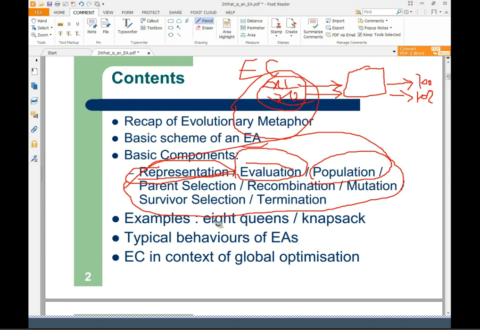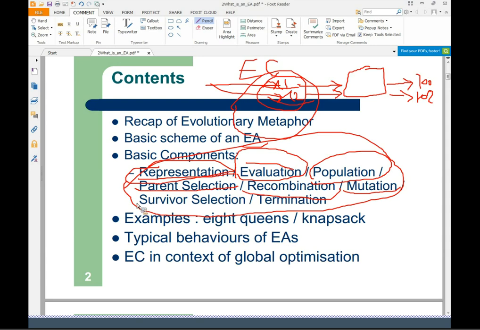This is done by parent selection. Parent selection selects two individuals, then recombines or crossovers. You know crossover, and you produce children by crossover. Then mutate the genes, and you have a combination of a population of parents and children.